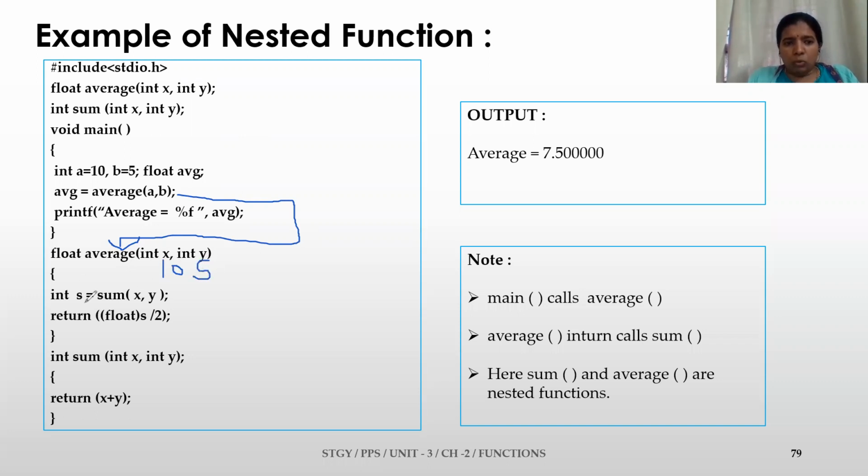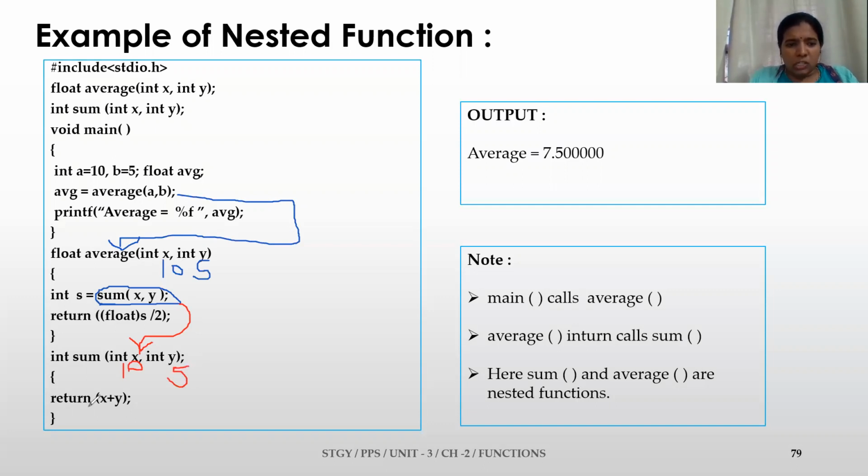Now we get a call for another function, sum of x comma y. Because inside one function you have a call to another function, the control jumps to the place where the function sum is defined, with x comma y. What is the x value? We know that x gets a copied value 10 and y gets a copied value 5. What is the job of the sum function?